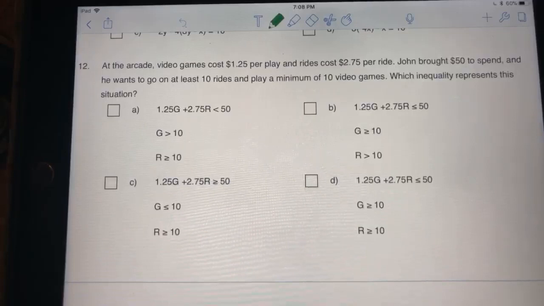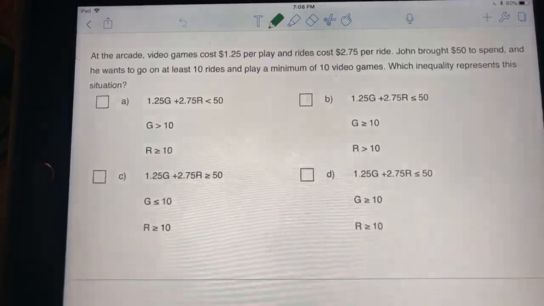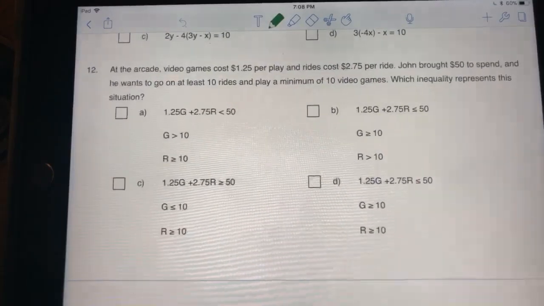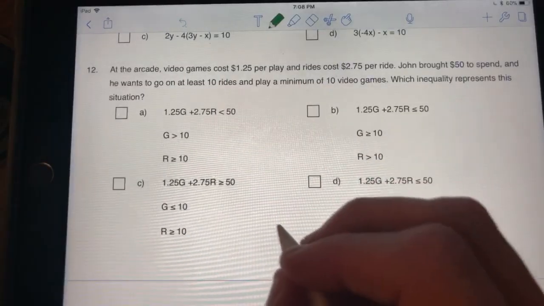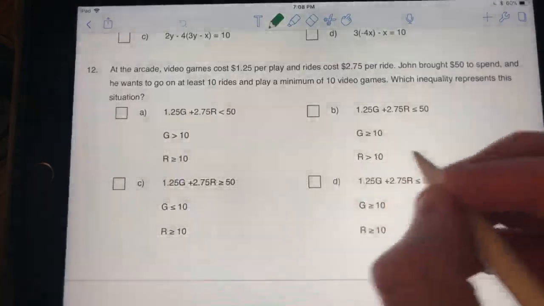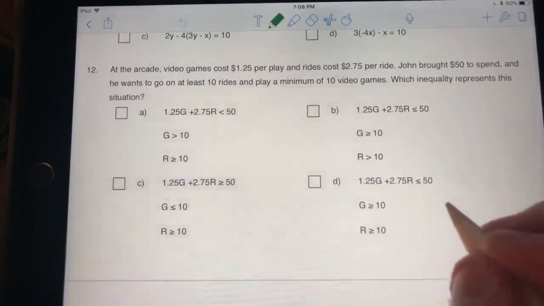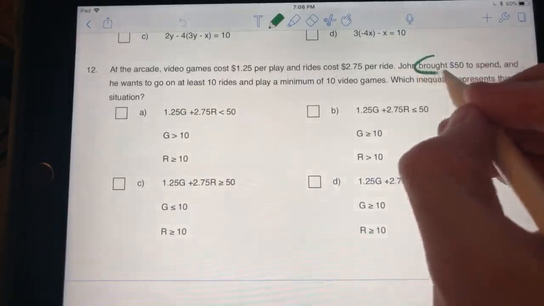All right. So, trick with this one, it might scare you because it has 3 inequalities, but it is still a system, and it's really talking about vocab. So we have games and rides. Games cost $1.25 per play, so 1.25 G. Rides cost $2.75, so 2.75 R. And he brought $50.